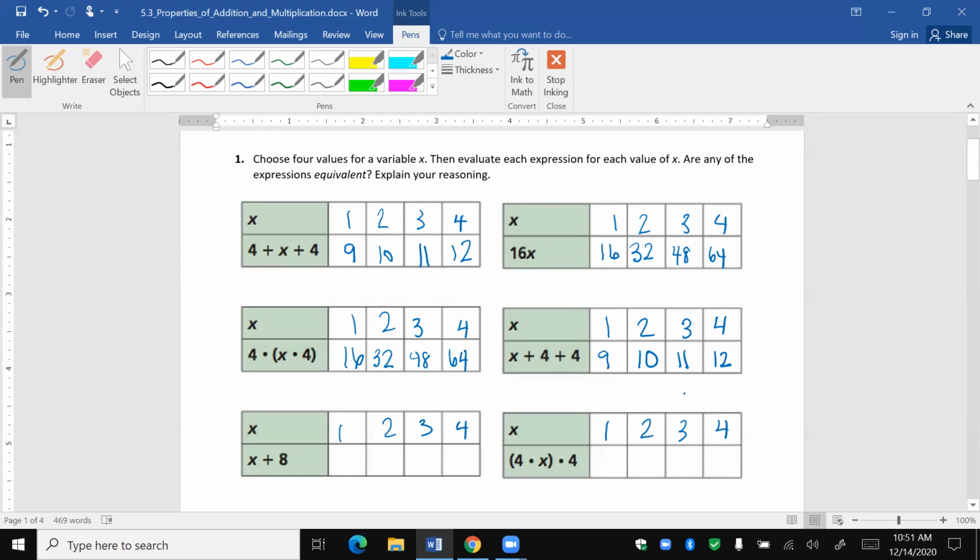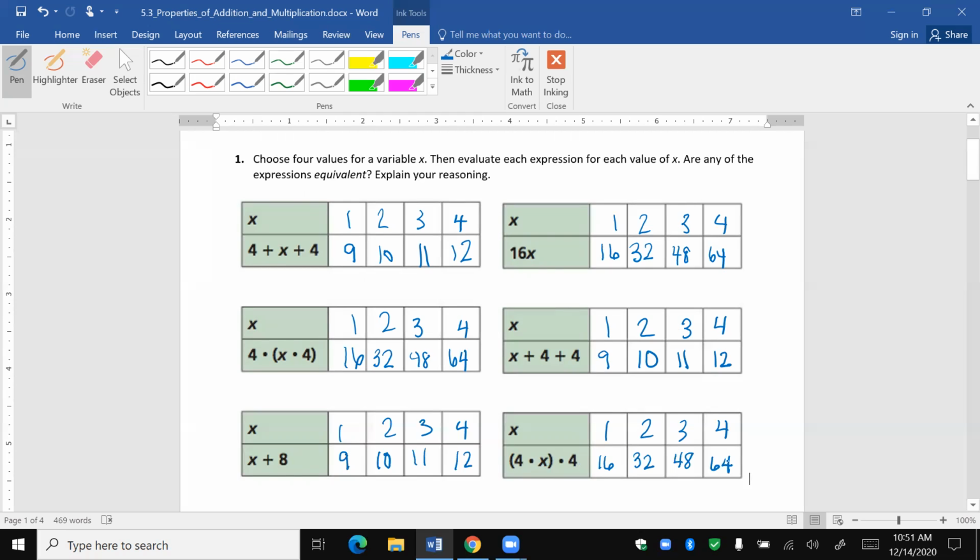And then our last few, I've got 1 plus 8 is 9, 2 plus 8 is 10, 3 plus 8 is 11, 4 plus 8 is 12. And then here I've got 4 times 1, it's 4, times 4 is 16. Plugging in 2 would give us 32. Plugging in 3 gives us 48. Plugging in 4 will give us 64.